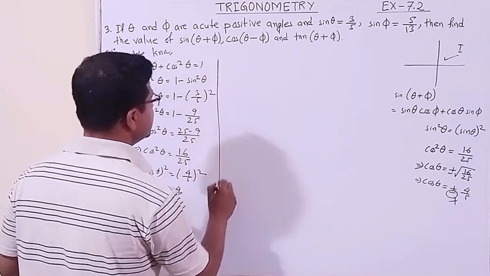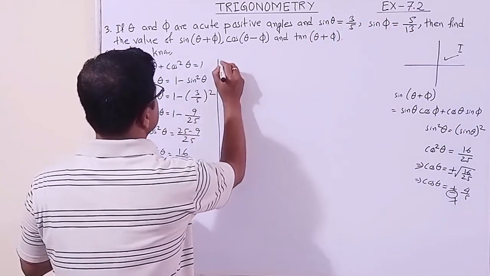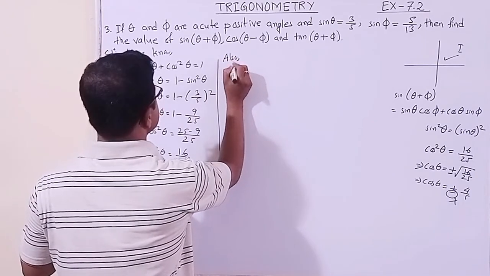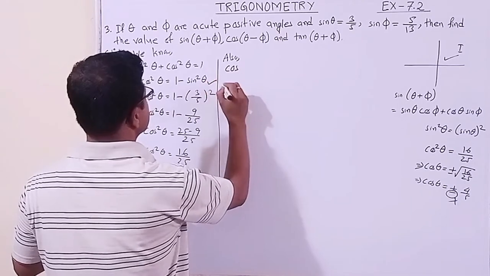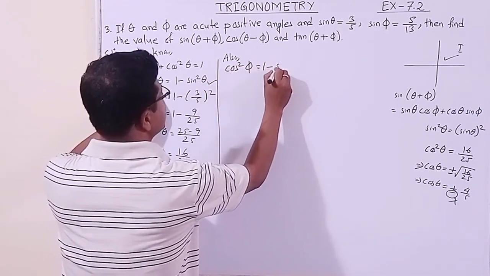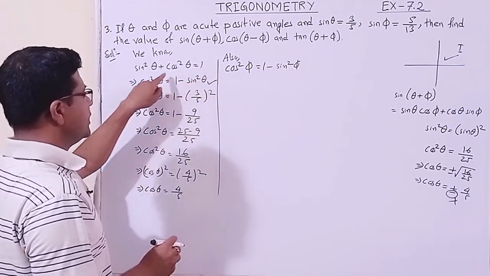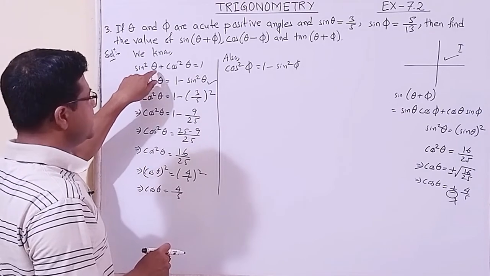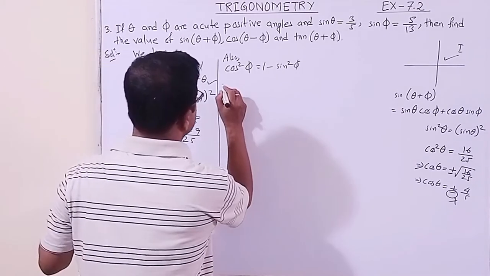Now next part, sin phi is given, we'll find cos phi. Let us start from this line, cos square phi equals 1 minus sin square phi. This is the main identity, but we can start from here also, no problem at all.